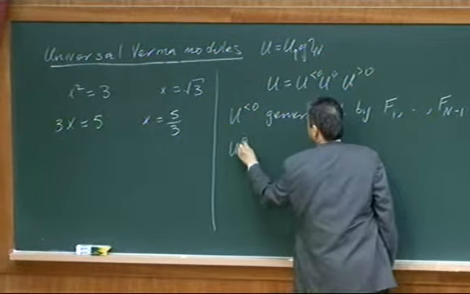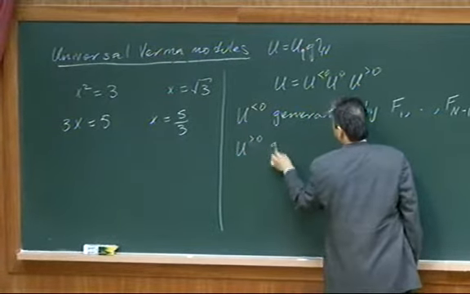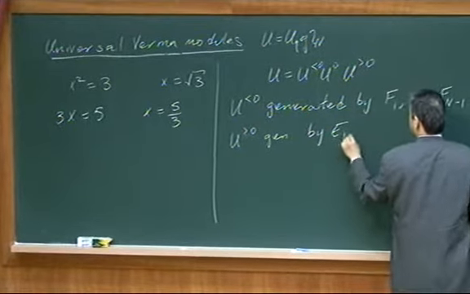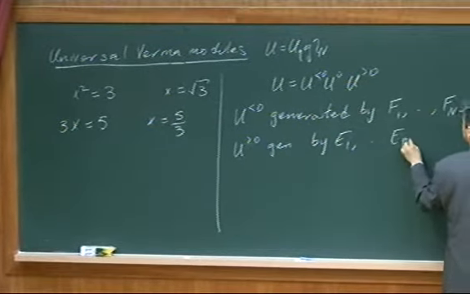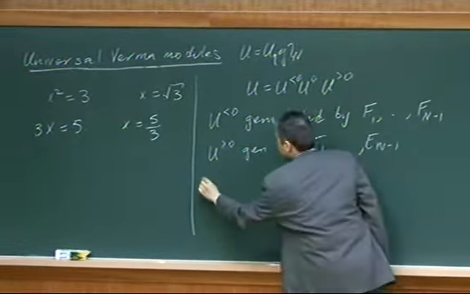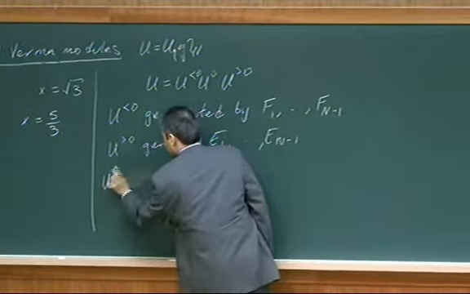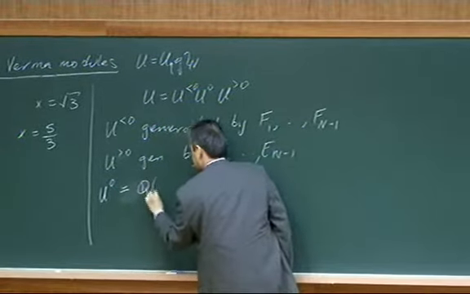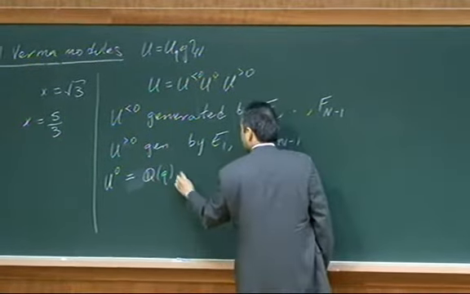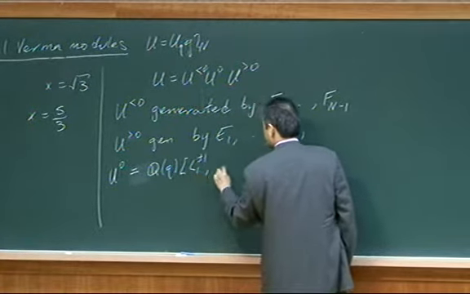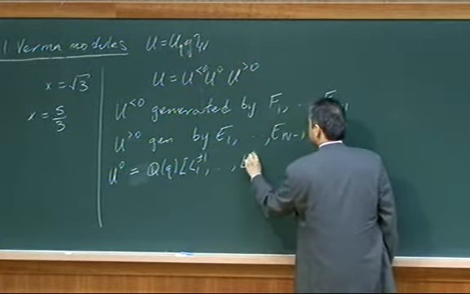U greater than 0 is generated by the e's, e1 up to e_{n-1}. And U0 is generated by, well, U0 is some field adjoined some variables L1 up to Ln plus minus 1.